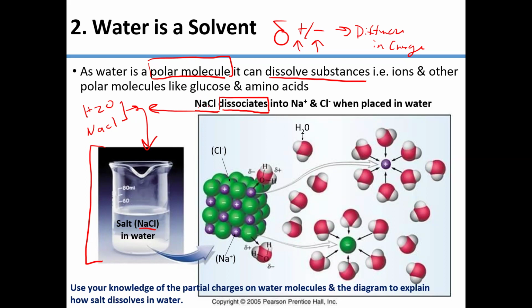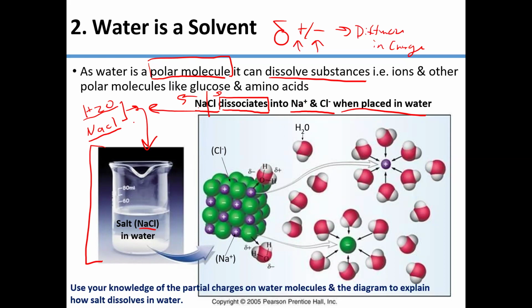Then they have a big fight, and just like you might dissociate from somebody you don't like, they split apart. Sodium goes one way, chloride goes the other, and they dissociate into Na plus, a positive charge, and Cl minus, a negative charge, when placed in water. So again, we have our solvent, which is water, and our solute, which is sodium.